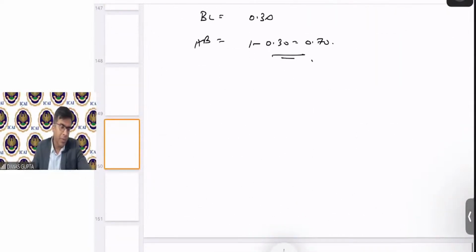So now we will have to calculate ND1 and ND2.